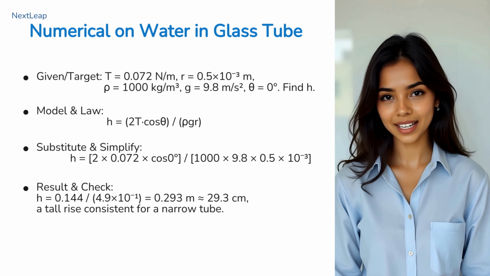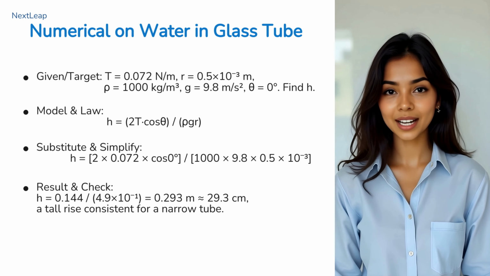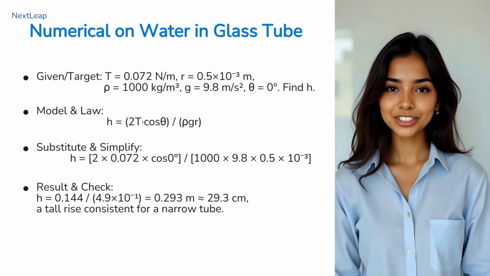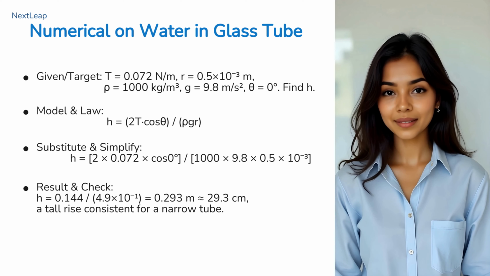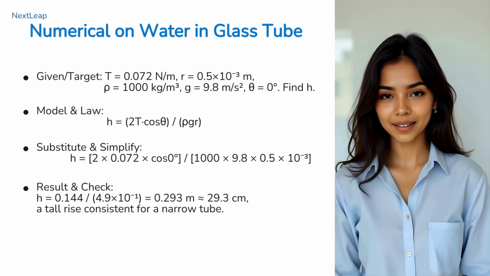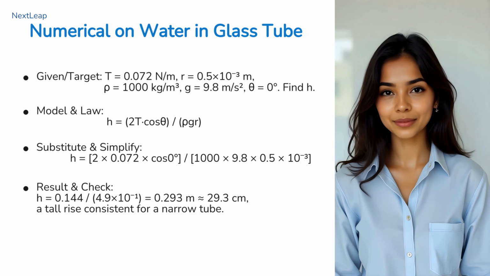Substituting the values, h equals 2 times 0.072 times cosine 0 degrees divided by 1000 times 9.8 times 0.5 times 10 to the minus 3. Calculating cosine 0 degrees gives 1. So numerator is 0.144 newtons per meter, denominator is 4.9 times 10 to the minus 1.